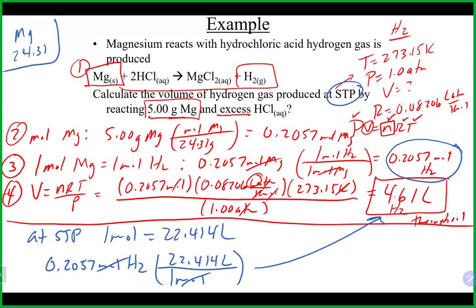So this is a place where you could use that conversion because it's at STP, and you would not need to use the ideal gas law. But also a good reminder that if you don't remember that or are not sure you should do that, you could always use the ideal gas law in any situation. The ideal gas law is sort of a universal formula that can be used in any situation: STP, non-STP, normal conditions, whatever conditions it may be.